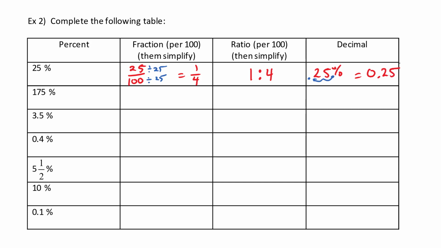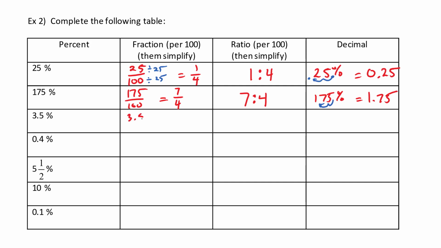Remember, if there's no number coming before the decimal, please put a 0 in its place. 175%, 175 per 100. Divide the top and the bottom again by 25. We get 7 over 4. As a ratio, 7 compared to 4. And as a decimal, we take the decimal, move it 2 over, we get 1.75.